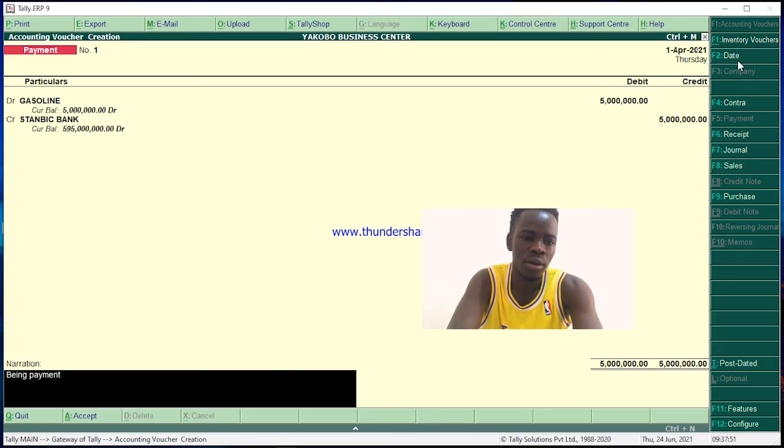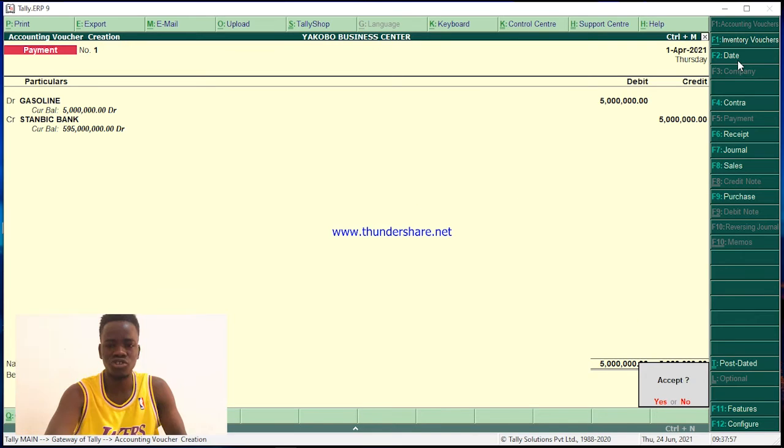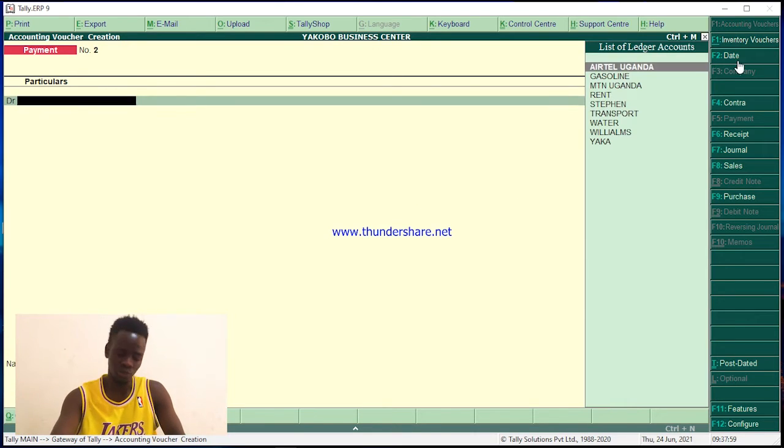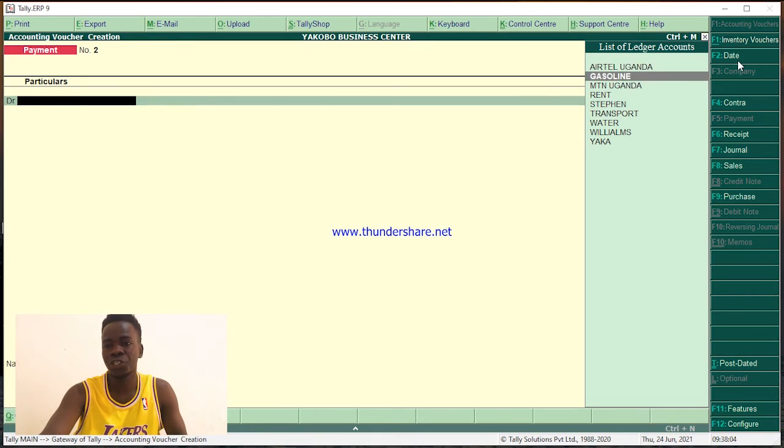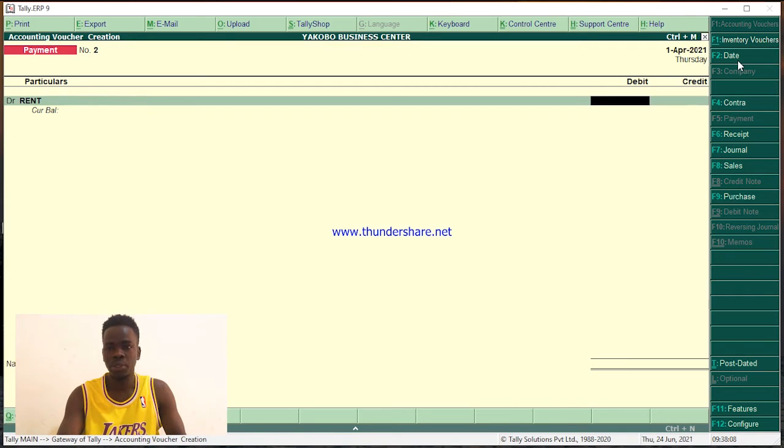Just accept the transaction. So we are done with that. We are going to pay another expense, that is rent. The amount of rent here is 4 million.